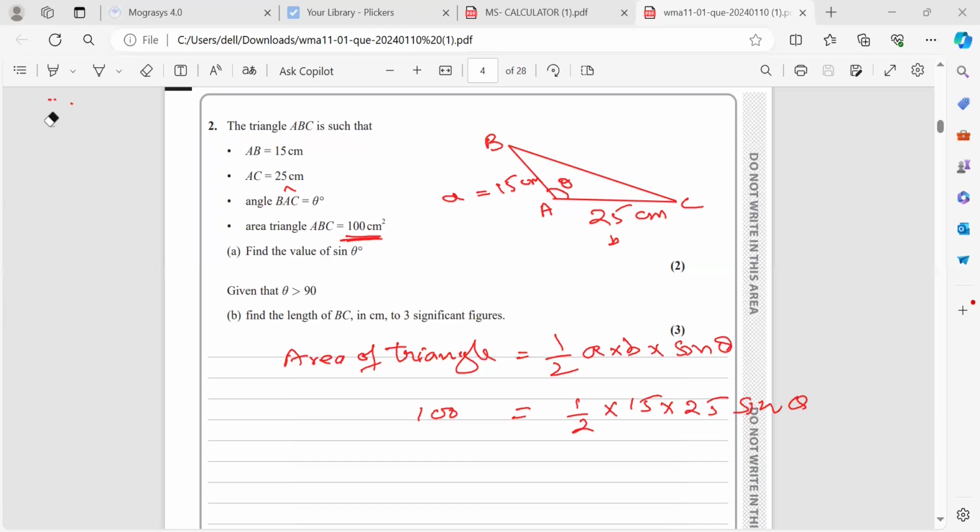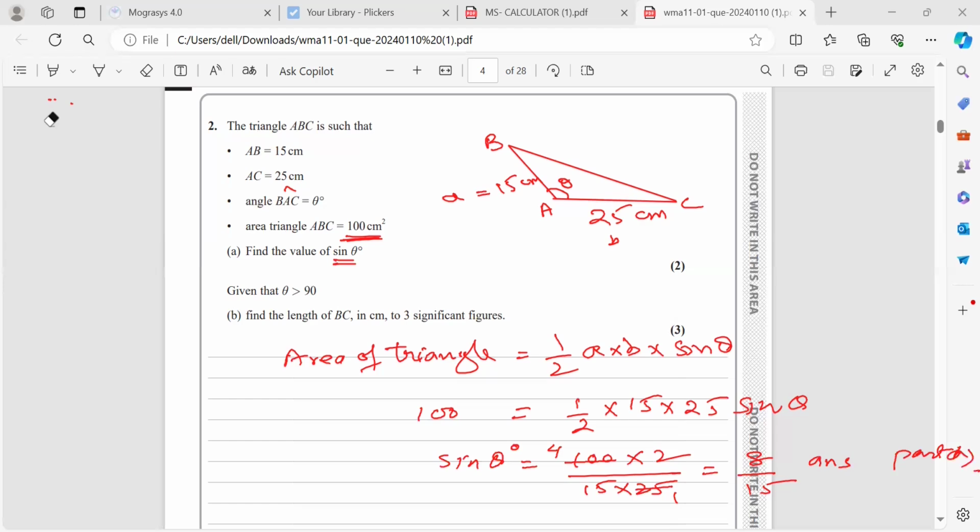We have sine theta equal to 100 times 2 upon 15 times 25. When we solve it, 25 times 4 is 100. So it became 8 upon 15. So our answer, the value of sine theta, is equal to 8 upon 15. Hope you understood it. This is the answer for part A.